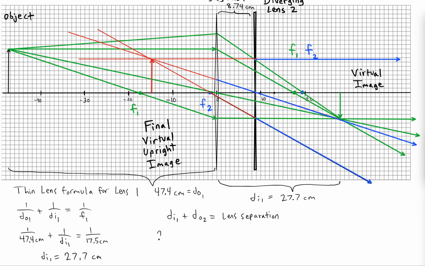Alright, so we'll do 27.7 plus DO2 equals 8.74. I'm getting negative 19 centimeters.